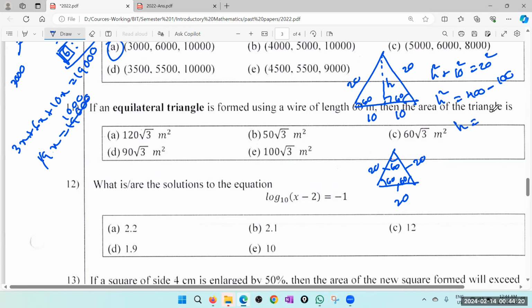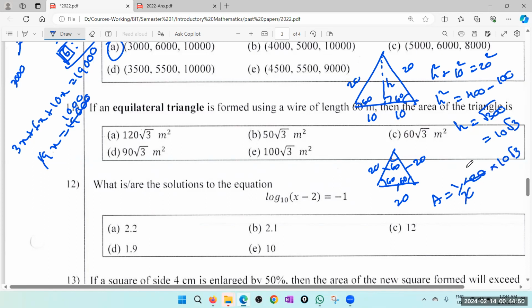So h is root 300. Root 300 is 3 into 100, and root 100 is 10, so 10 root 3. Now I want to find the area. So the area is half base, that is 20, into the altitude. We just found the altitude value, 10 root 3.